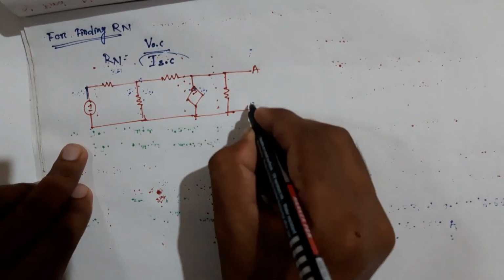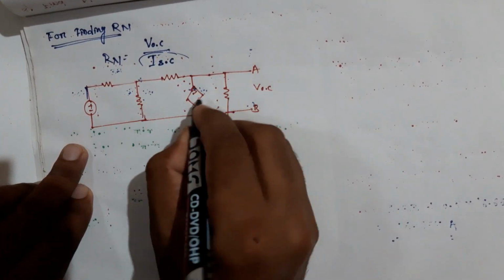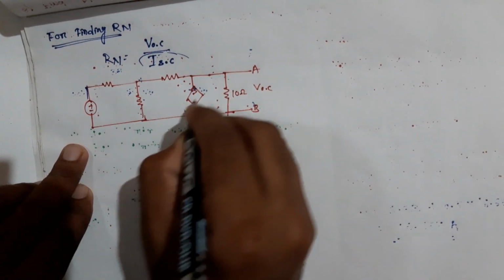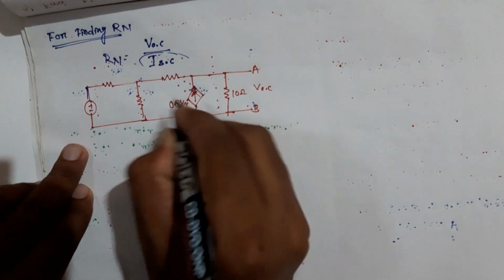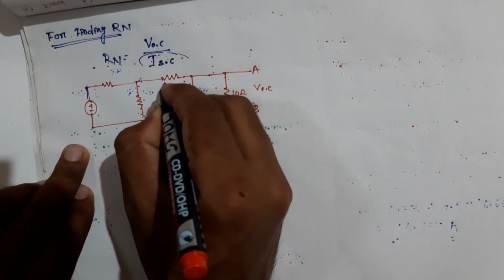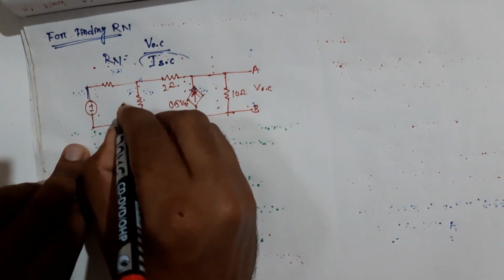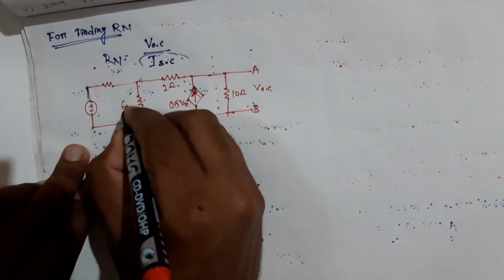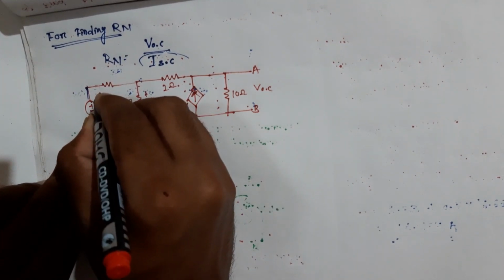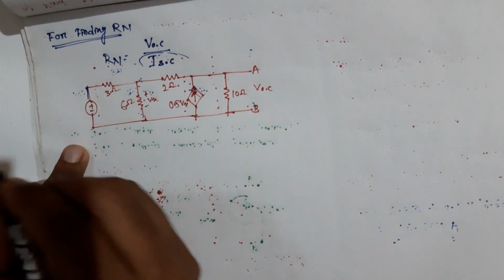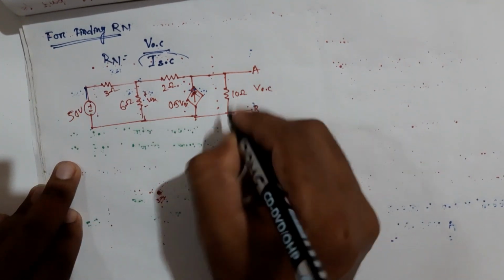This is AB, where we need to find this VOC. This is 10 ohm, this is 0.5 Vx, this is 2 ohm, this is 6 ohm with plus or minus Vx, this is 3 ohm, and this is 50 volt. We need to find this voltage.